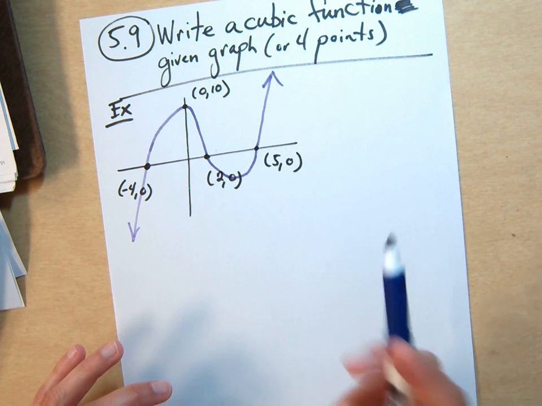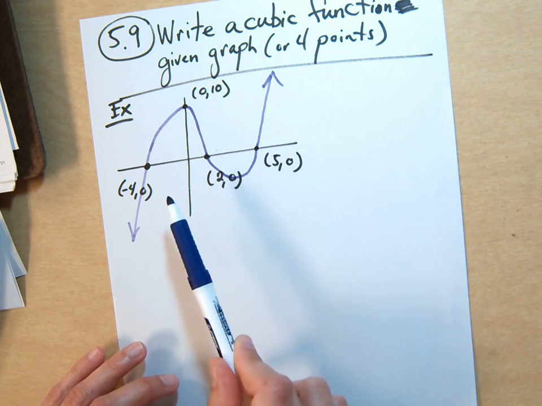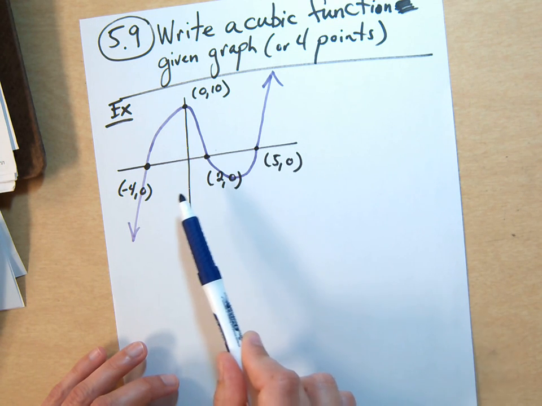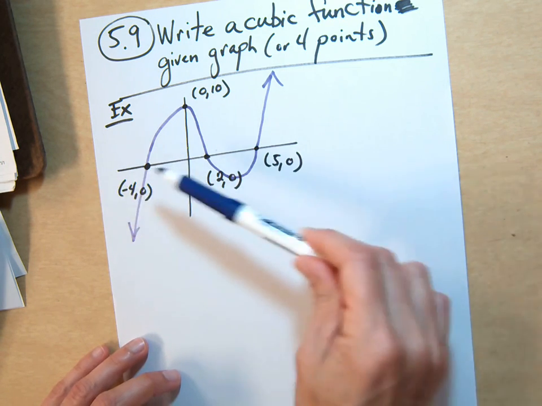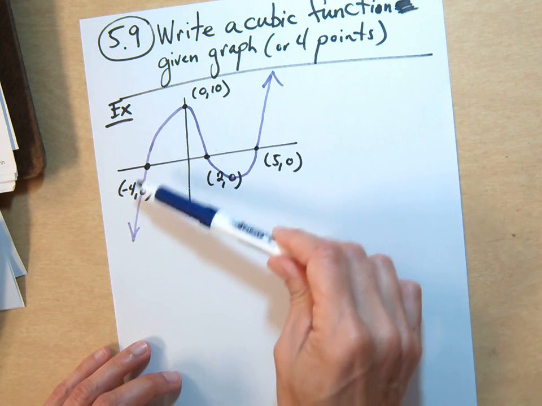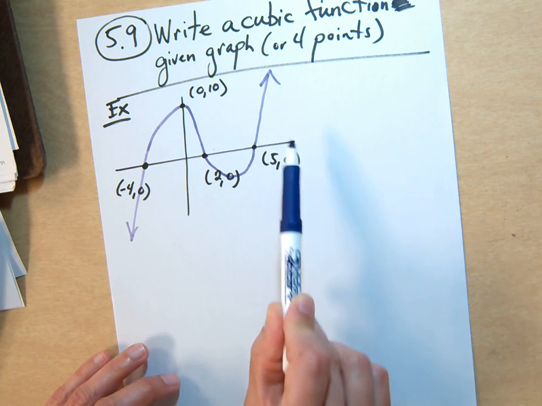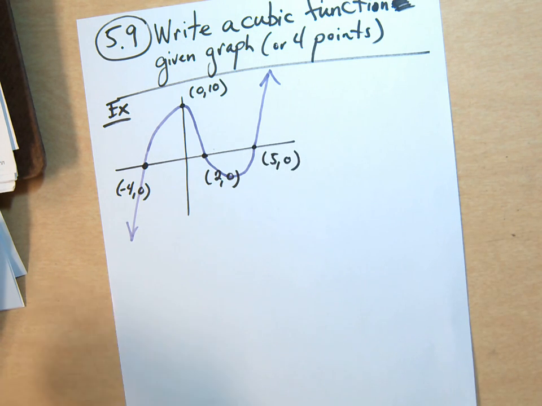I'm just reviewing as well. The end behavior, as you go to the left, the function goes up or down? In this direction, it goes down, right? And as x increases, the function goes up. That's the end behavior. That was just for review.